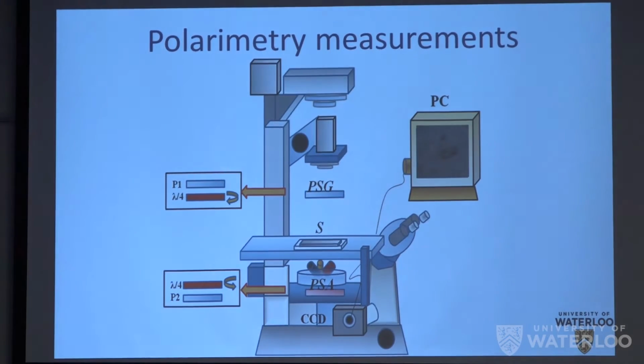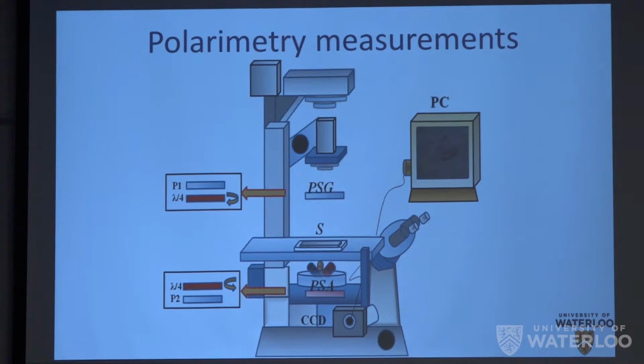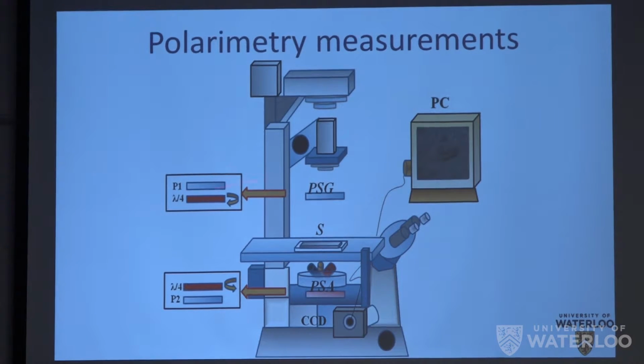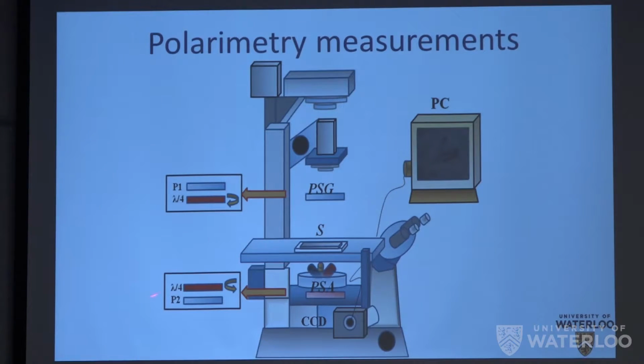So how do we do our polarimetry measurements? Well, we have modified, with the help of the company, a Nikon microscope, and we have what's referred to as a polarization state generator, a linear polarizer plus quarter wave plate, which we rotate to 4 different positions, and then a polarization state analyzer, a rotatable quarter wave plate again, and a linear polarizer.